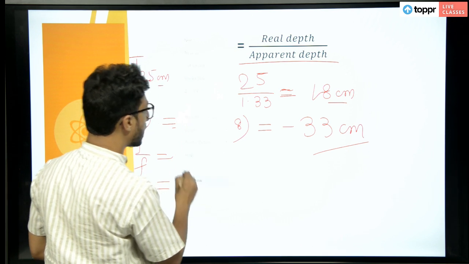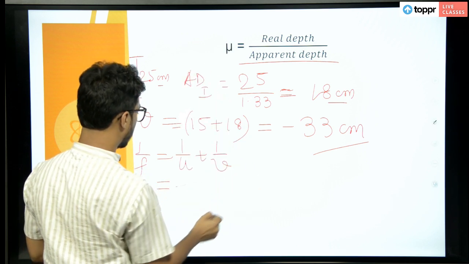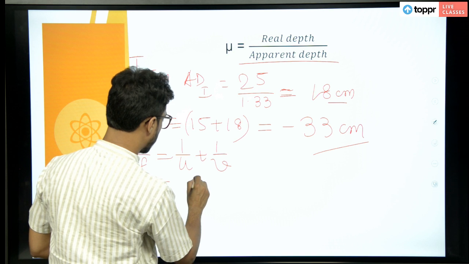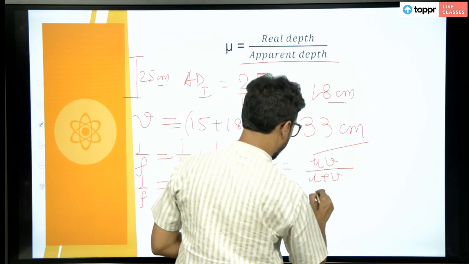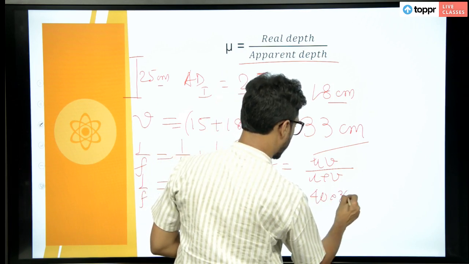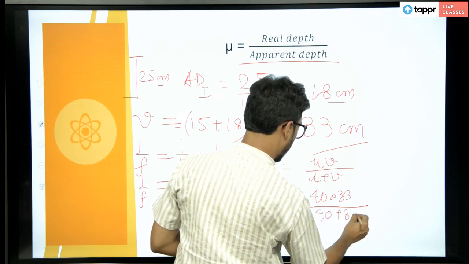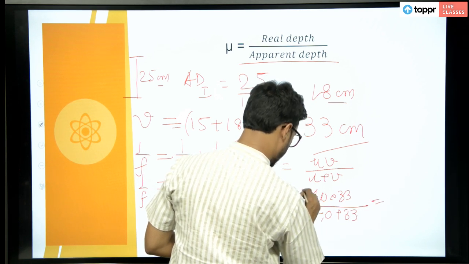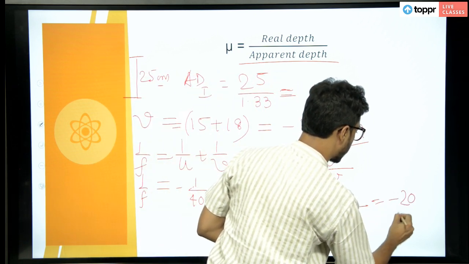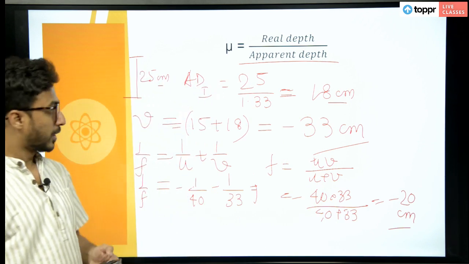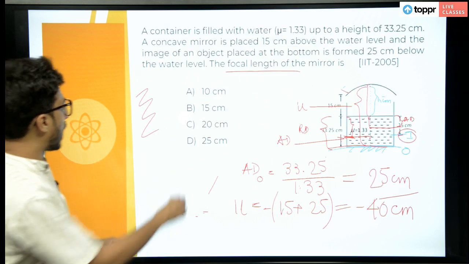It is nothing but minus 40 into 33 divided by 40 plus 33, it will come nearly around minus 20 centimeter. That you can calculate. So the answer will be C.